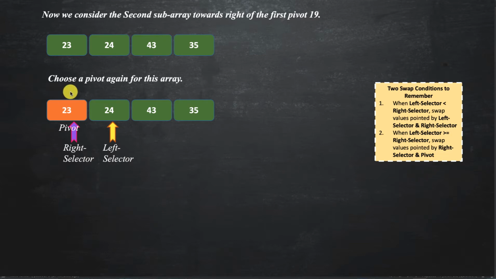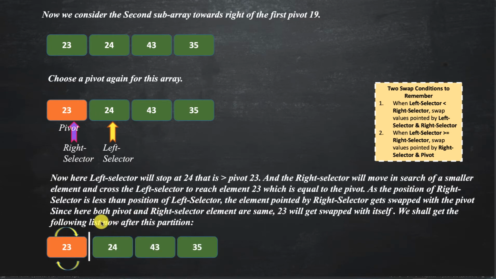In that case, we swap the value pointed by the right selector with the pivot. Since the right selector is already pointing at the pivot, we don't have to specifically swap the value. That means we are done partitioning here, and now we have divided this array into sub-arrays as shown here. So a sub-array of size 3 and a sub-array of size 0.